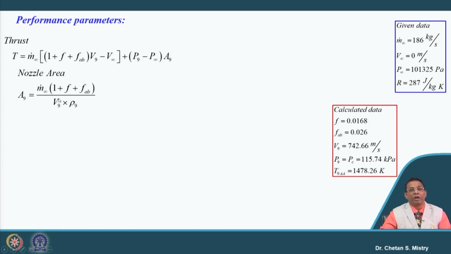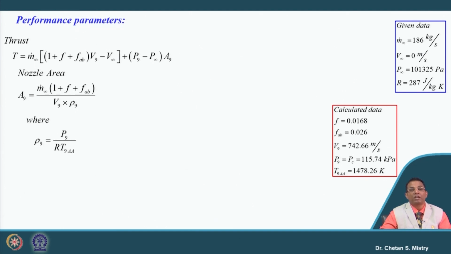Now, my mass flow rate is the combination of the mass flow rate of air plus the amount of fuel we are injecting in our combustor and the amount of fuel we are injecting in the afterburner. So, we need to be careful here in the calculation of the exit area. Here the density at the exit is not known to us, but what we know is our pressure and temperature.